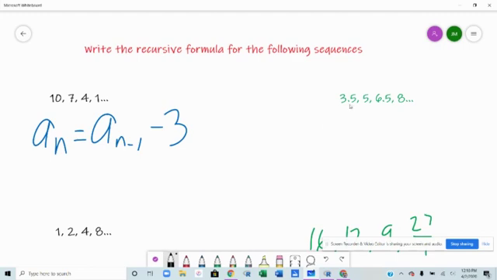On your next one, I have 3.5, 5, 6.5, 8. So maybe you're not 100% sure what's happening. First, you should notice it is at least growing. If you don't know if it is arithmetic or geometric, my recommendation is start with arithmetic. It's the easier one.